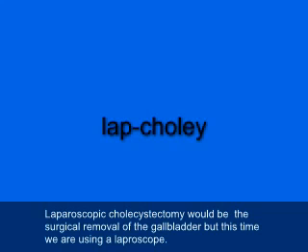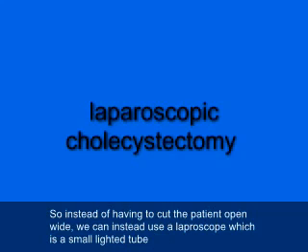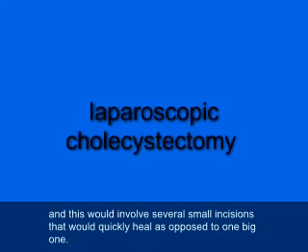Lap chole, or laparoscopic cholecystectomy, would be the surgical removal of the gallbladder, but this time we're using a laparoscope. So instead of having to cut the patient open wide, we can use a laparoscope, which is a small lighted tube, and this would involve several small incisions that would quickly heal, as opposed to one big one.